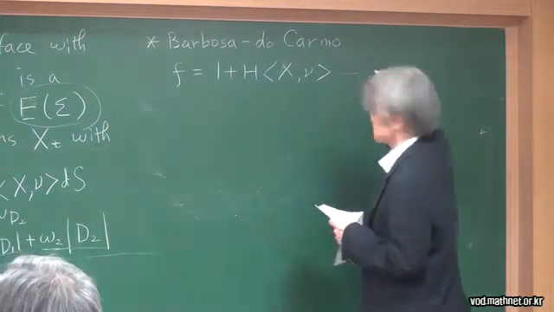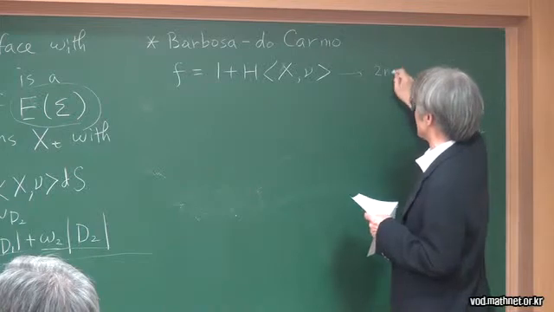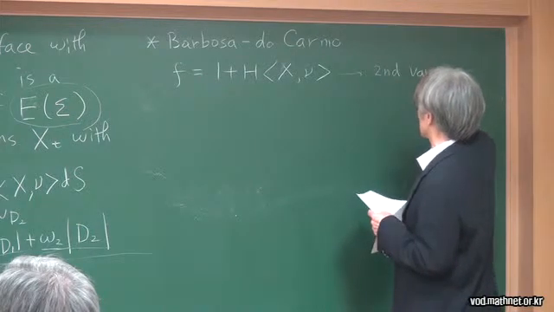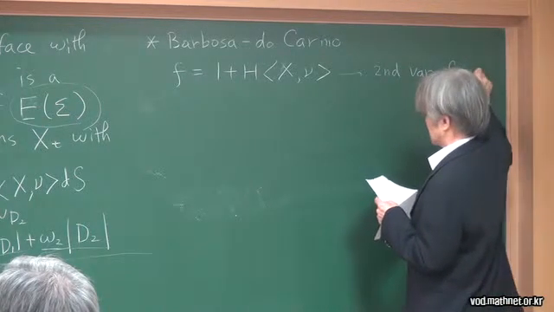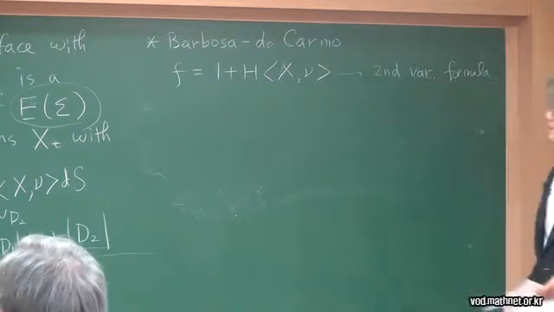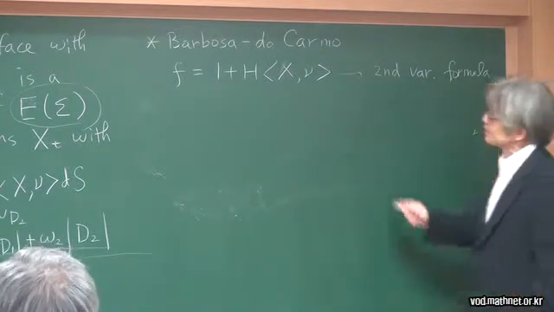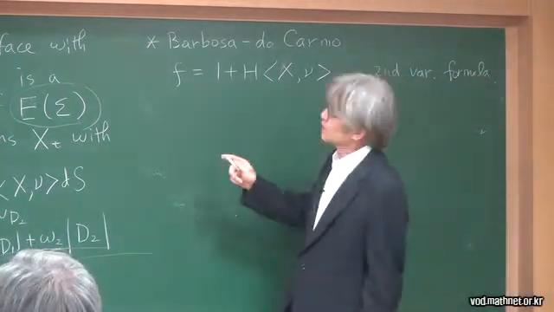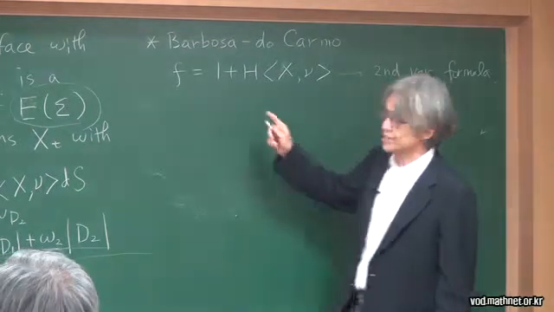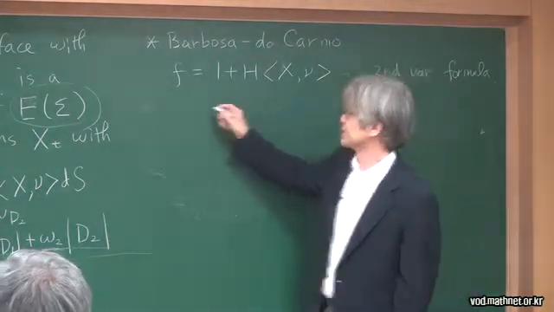And they applied this variation to the second variation formula. And later, Ros and Vergasta, no, Ventura, gave a geometric interpretation of this variation.